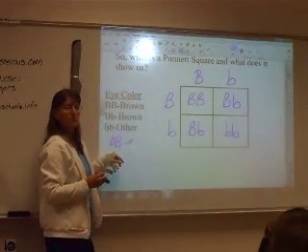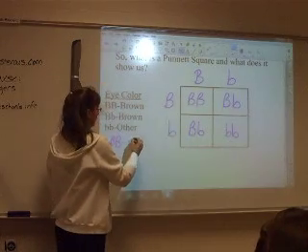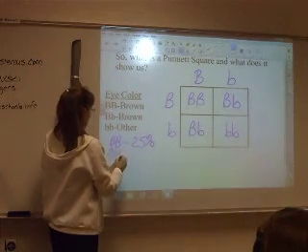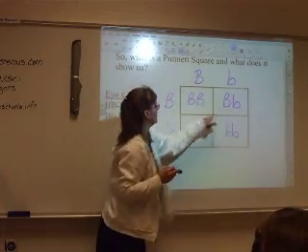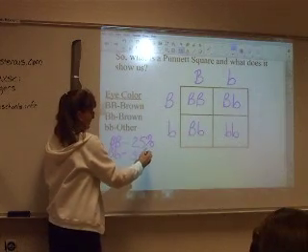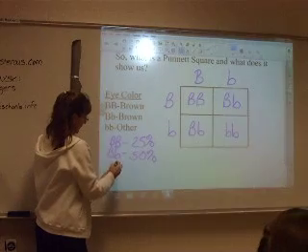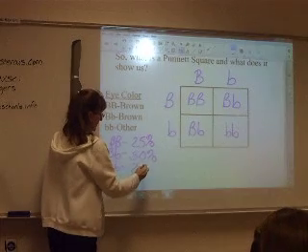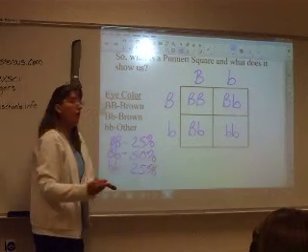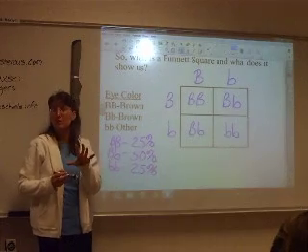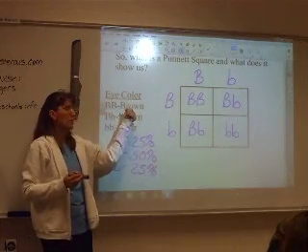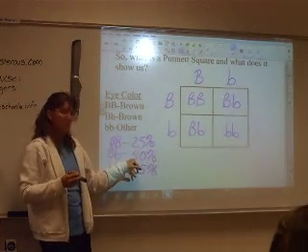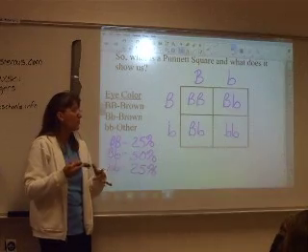So dominant, pure? 25, because we've got 1 out of 4. 75, because we have dominant here and dominant there. So overall, it would be 75%.